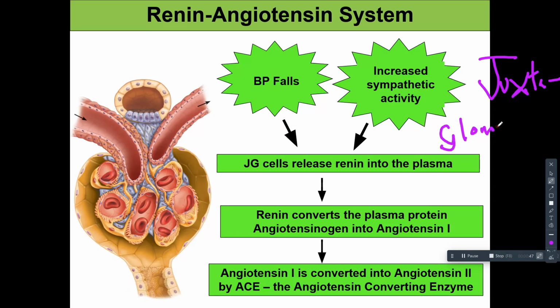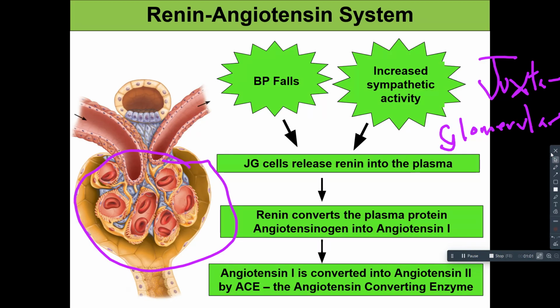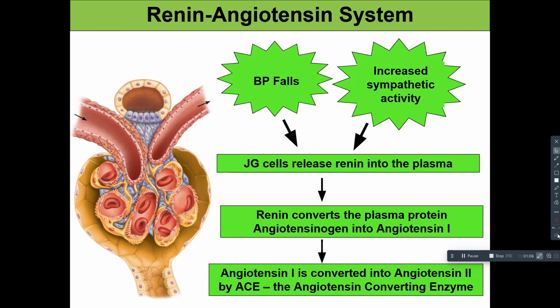Juxtaglomerular means next to the glomerulus. So juxtaglomerular cells are next to our glomerulus here. And these juxtaglomerular cells, or JG cells, are going to release this chemical called renin into the plasma.